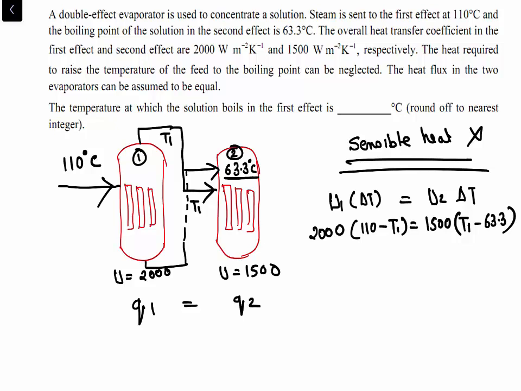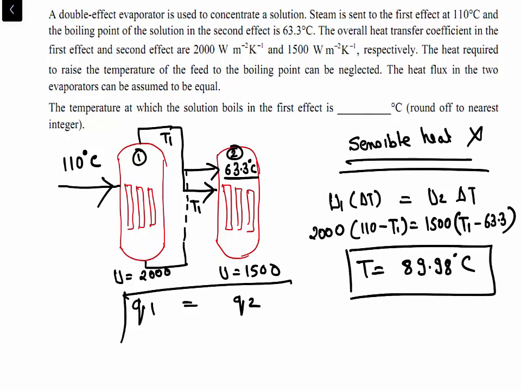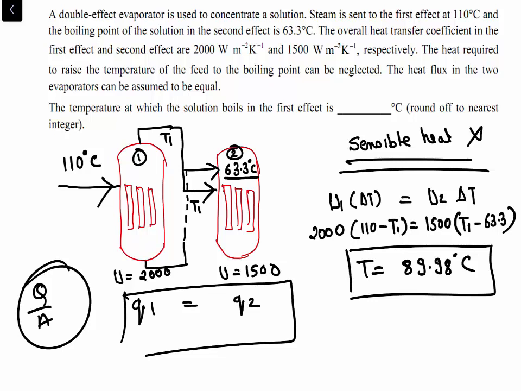Just calculate the value of T1. It will come approximately 89.98 degrees centigrade. The most important thing is that flux is the same, that is Q by area; anything divided by area is the same. So from this you can directly write this equation.